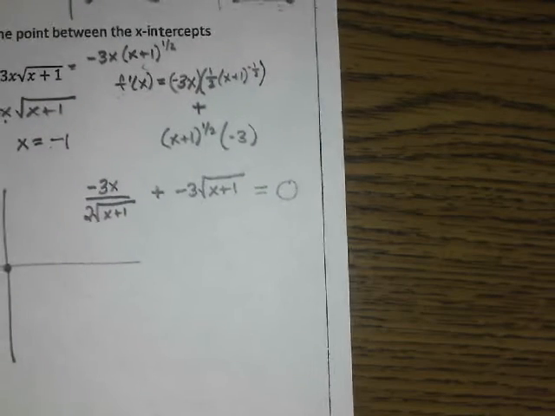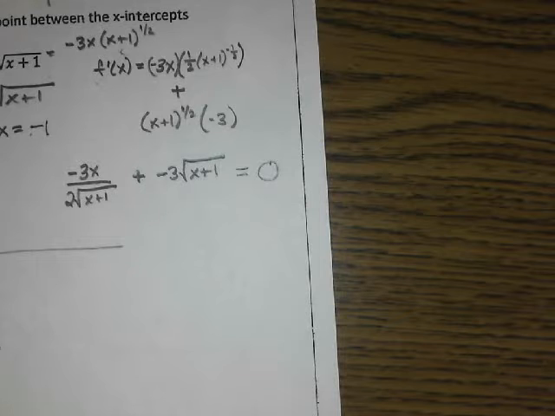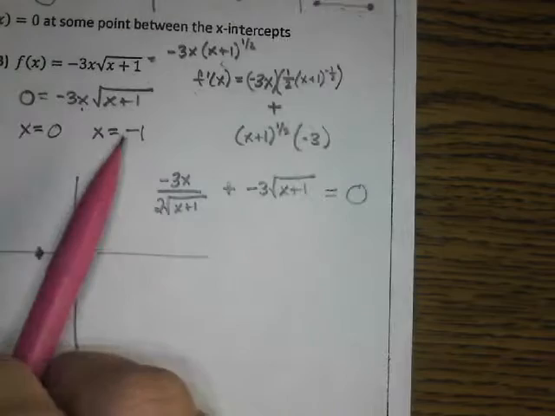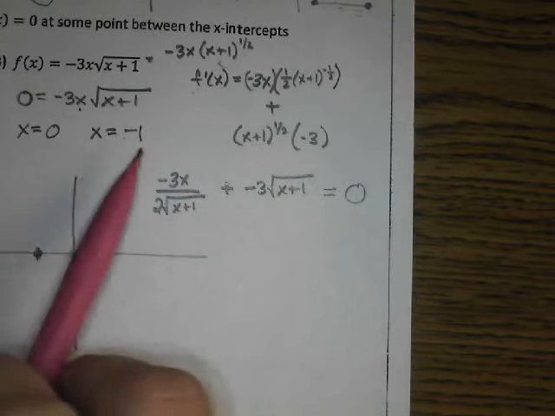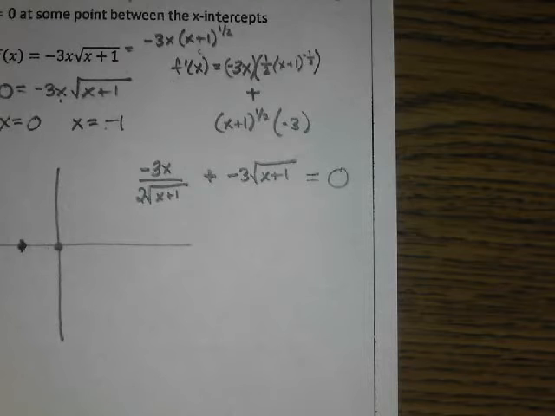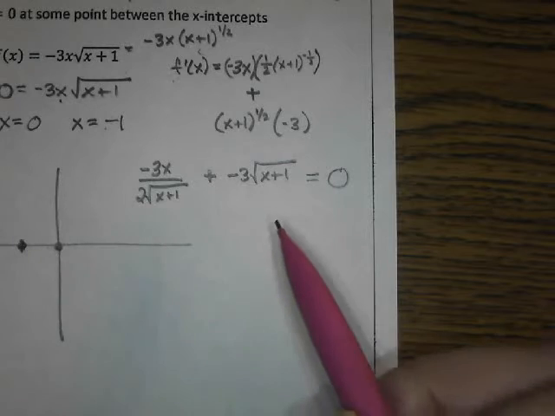Rolle's theorem tells me it should be between my two x-intercepts. So, algebraic method of solving this. What should we do first, Sam? Which one would be easier to move over to? This one? Sure.